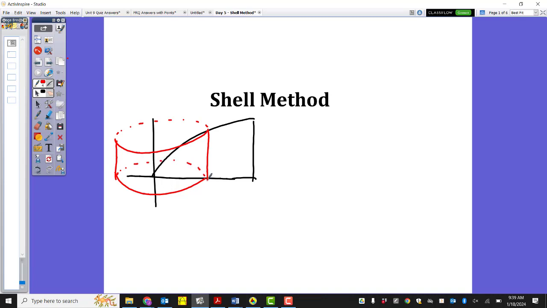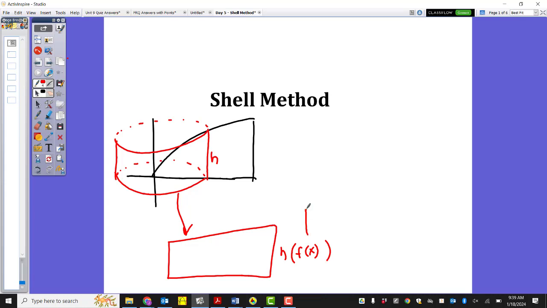Now, I want you to imagine you take this revolution and break it open into a rectangle. So that dollar bill that we're thinking about that's been wrapped up, we're breaking into a rectangle. Well, the height of this rectangle is the height of whatever slice we're using. In this case, that would be the function, but sometimes in other cases it might be function 1 minus function 2.